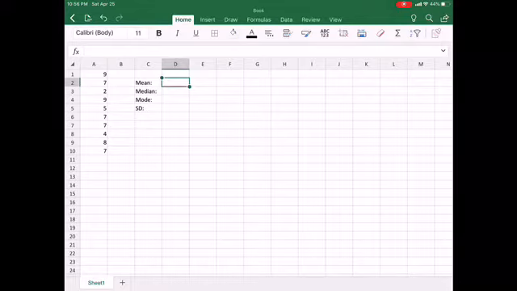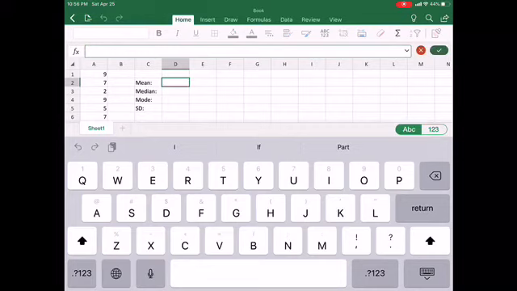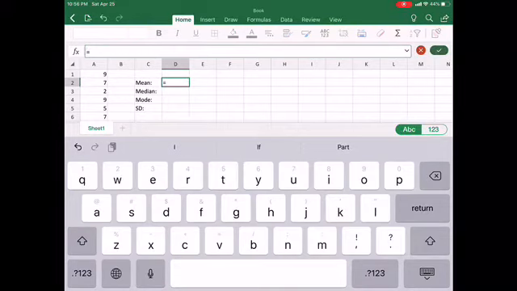So here's my Excel spreadsheet, and you notice I've already entered our values. So the first thing we've been asked for is the mean, or the average. Now, to have Excel tell me the mean, I'm going to start with an equal sign. That tells Excel that there's something I'm asking it to solve, some equation I want it to solve for me. And then Excel doesn't use the word mean, it actually uses the word average.